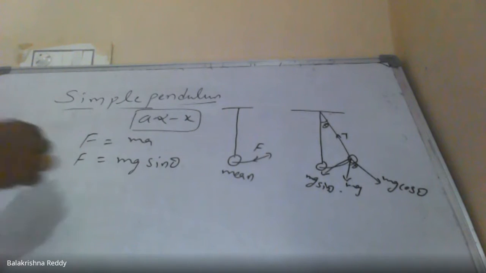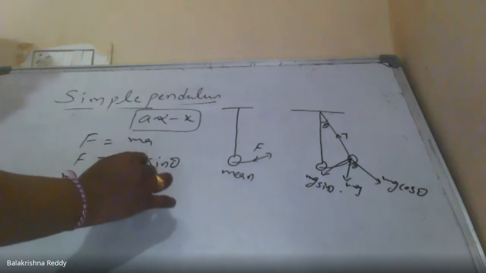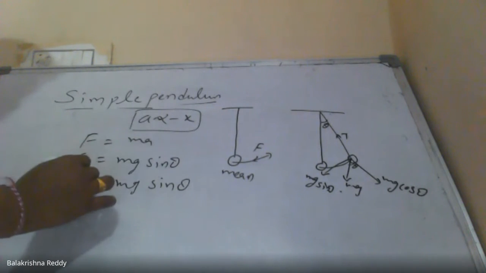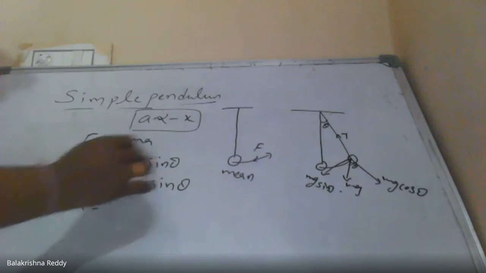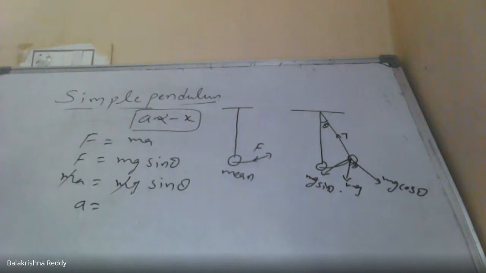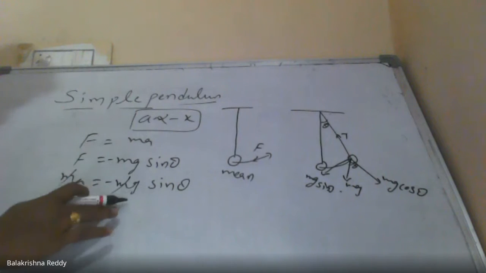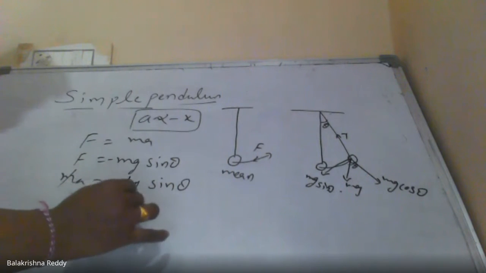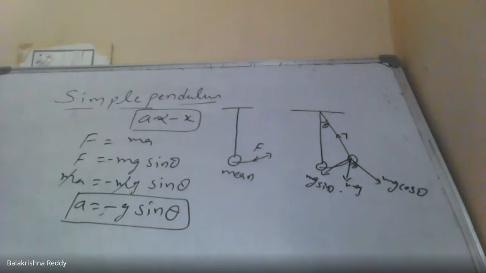F equal to ma we know, and mg sine theta, so mass and mass get cancelled. Since acceleration is always acting towards the mean position and opposite to the displacement, I'll write here minus g sine theta.